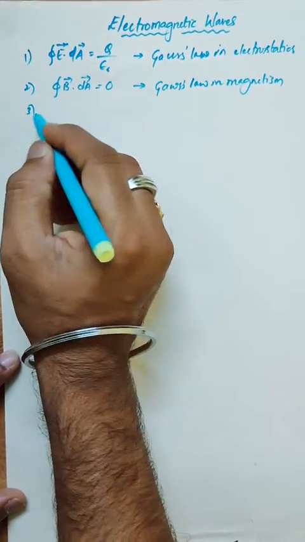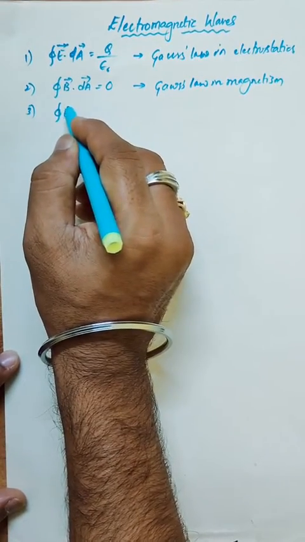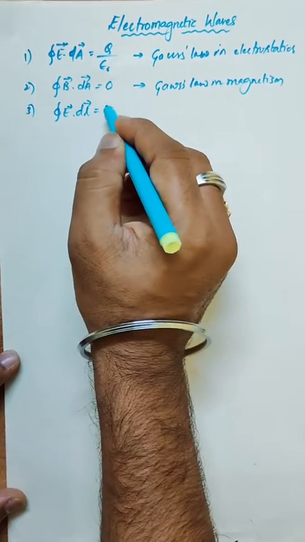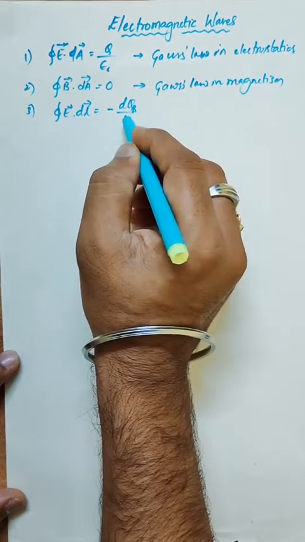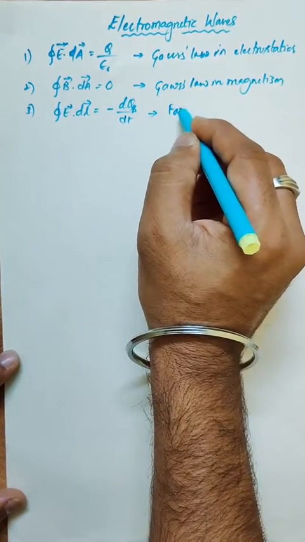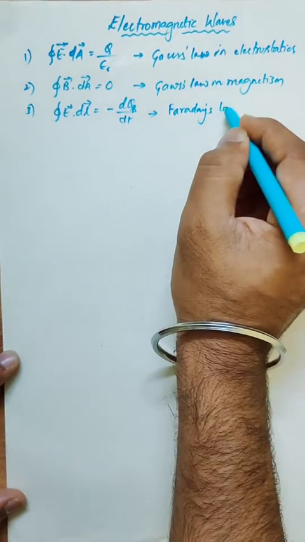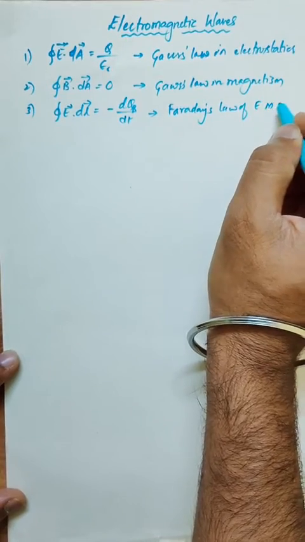Similarly, we have the integration of E dot dL is equal to minus d phi B divided by dt, that is Faraday's law of electromagnetic induction.